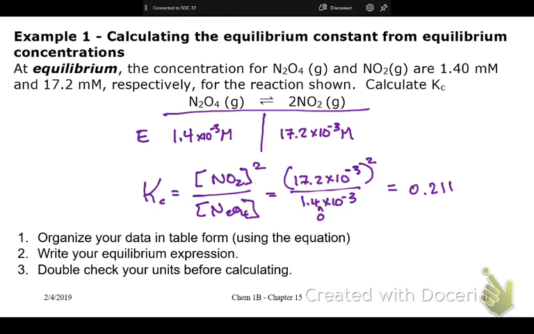Okay, product, reactant, or neither? 0.211 means which is bigger, quote unquote, at equilibrium. Yeah, because the reactant is bigger, right, at equilibrium. Now, it's kind of tricky because there's a square in there.